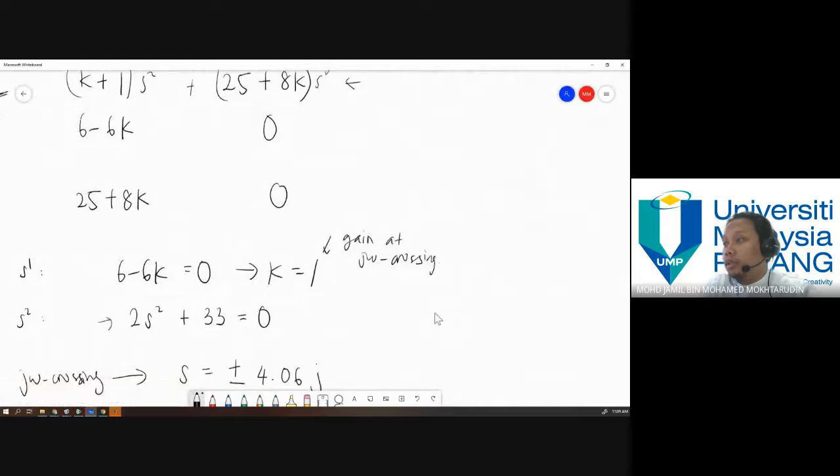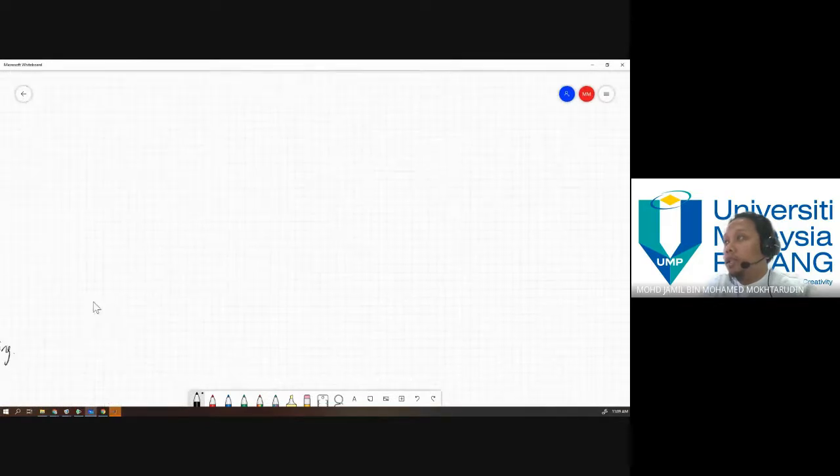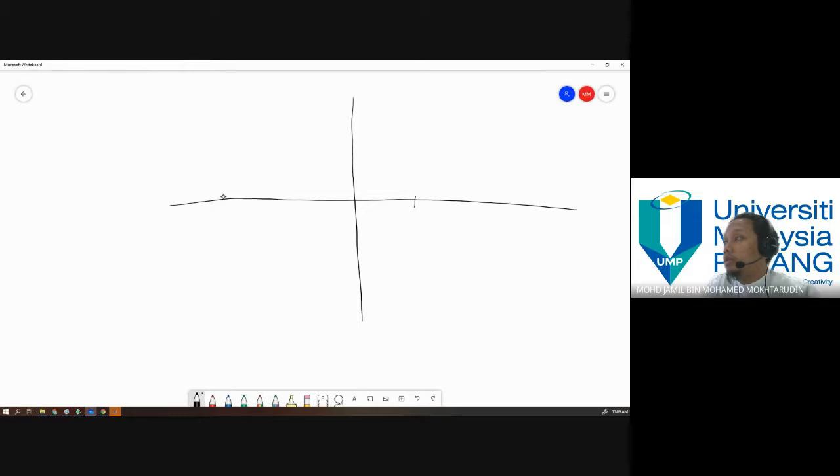JW axis crossing 4.06. So if we sketch, and then the breaking points.